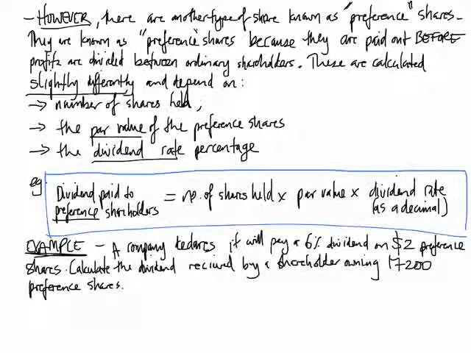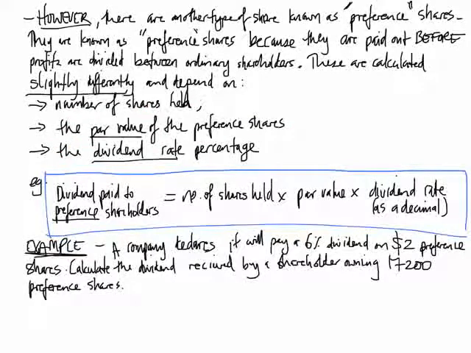But the preference shareholders will always get a specific share, and the way that these are worked out is calculated slightly differently. They still depend on the number of shares held, but there's a new element here. They also depend on the par value of the preference share, so the company sets a par value for these preference shares, and a dividend rate percentage.